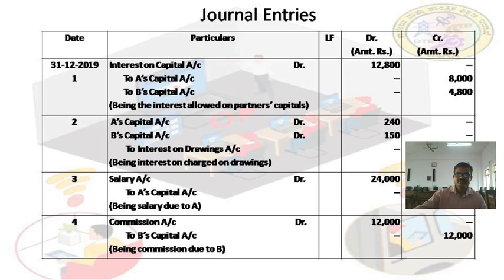Narration: being commission due to B. Again, commission is an expense for the firm, that is debited. Interest on capital is also an expense, that is debited to the firm. Interest on drawings is income, that is credited. Salary and commission are expenses, these are debited.